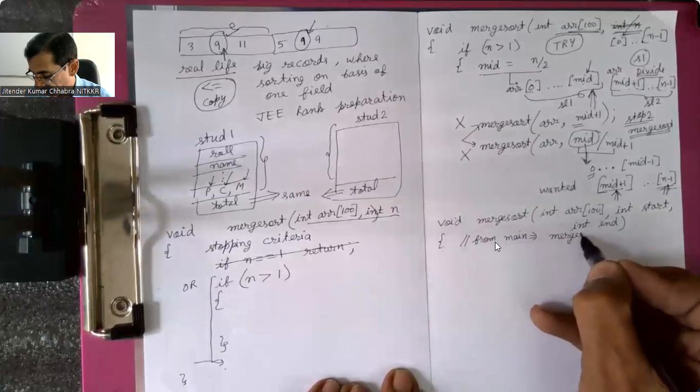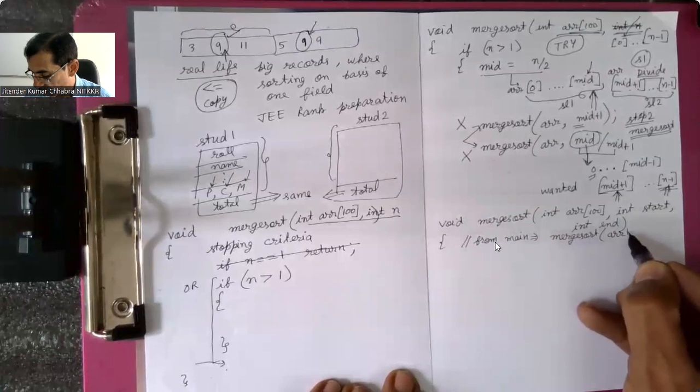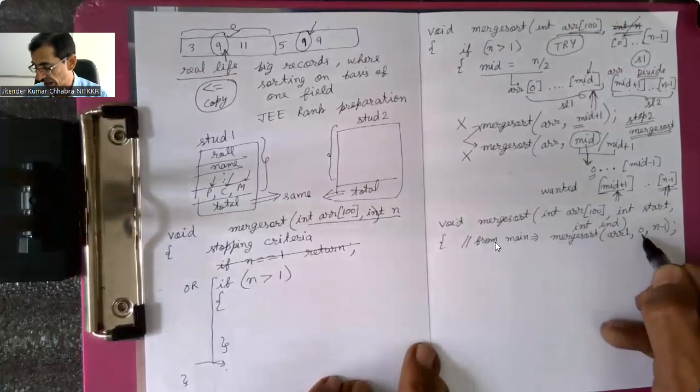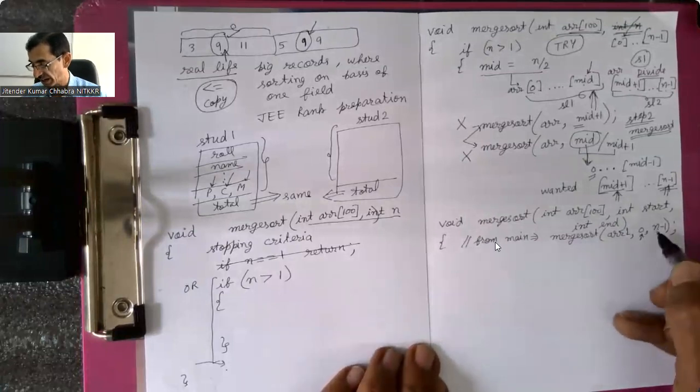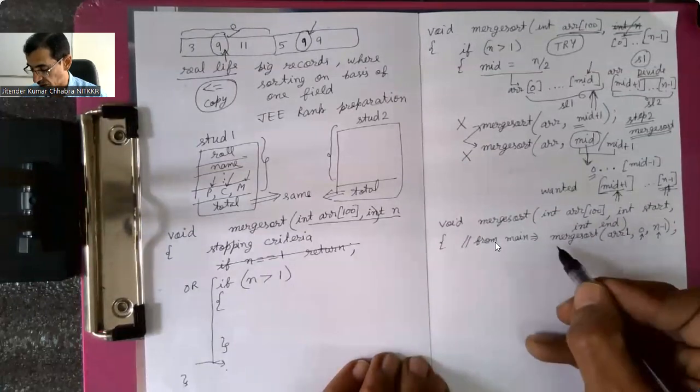From main, I will call merge sort with ARR1 or ARR2 or whatever we are passing, 0, n minus 1. Because there we have read from 0 as a starting point, n minus 1 as the ending point, but I must supply both of them as a call.